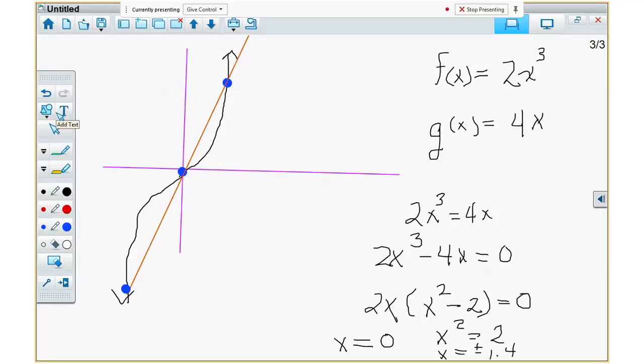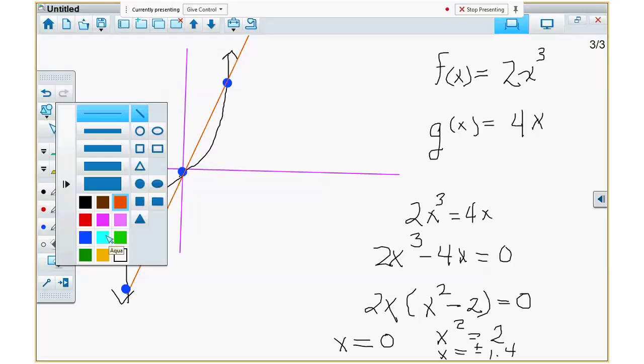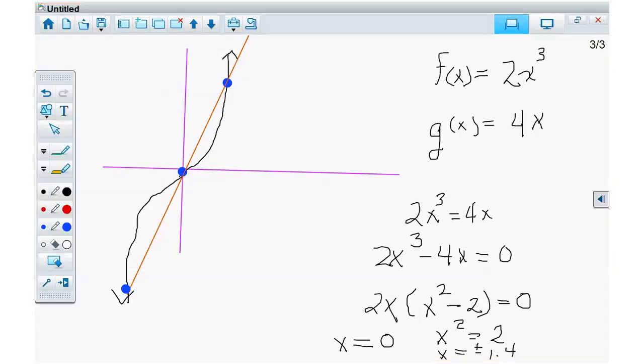Yes. Do you have to do it from negative 1.4 to 1.4, or can you just multiply 0 to 1.4 by 2? Yes. To find the full area, you can multiply by 2 or go from negative 1.4 to positive 1.4. I'm going to finish drawing a little bit. Make this right here.